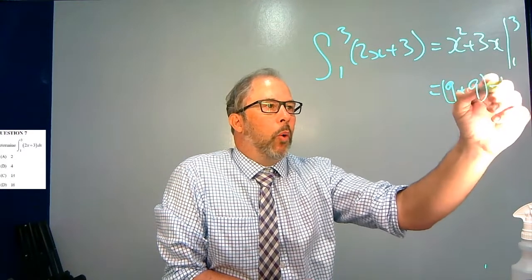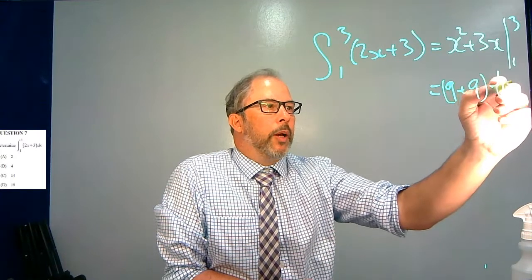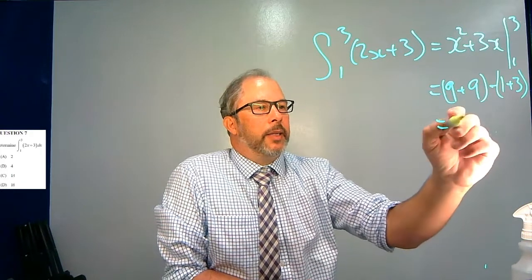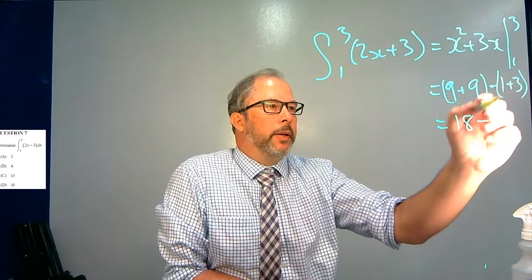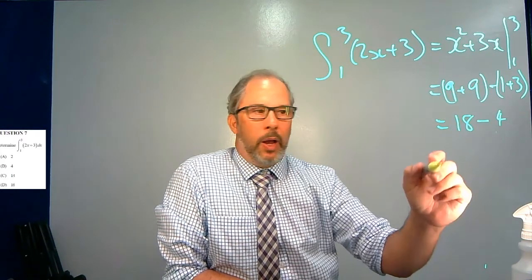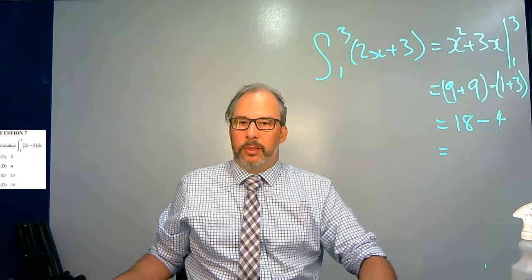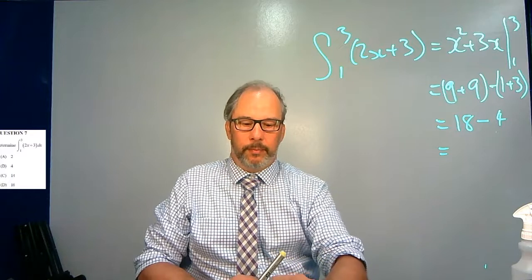Subtract 1 plus 3 times 1, which is 3. That is going to give me 18 minus 4. 18 minus 4 is 14. Your answer is C. So easy one there.